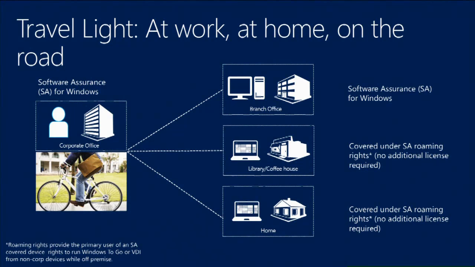The nice thing about that is from a backup, or I mentioned that try Windows to Go, you're not paying for an additional license. So my primary PC is covered by software assurance, and I create 2 Windows to Go drives for my use. I'm not paying an additional licensing fee for Windows on each of those Windows to Go drives.